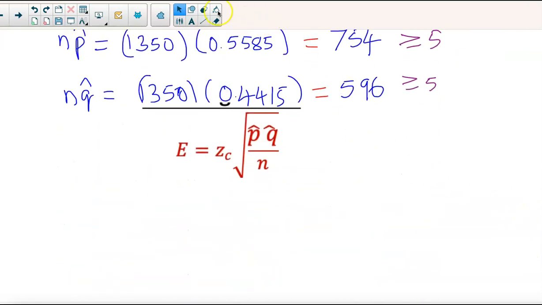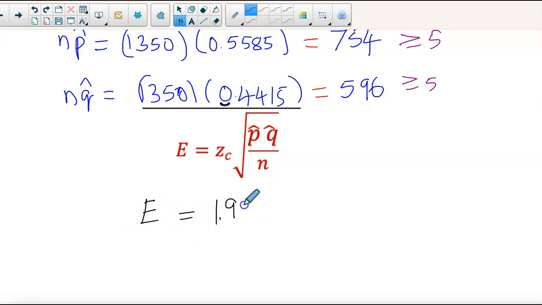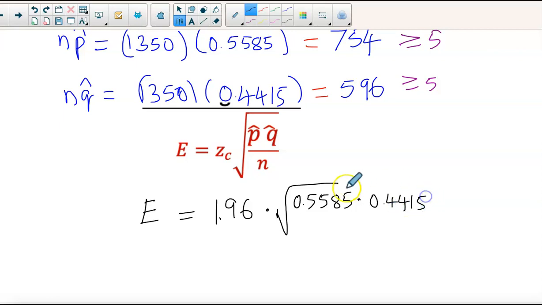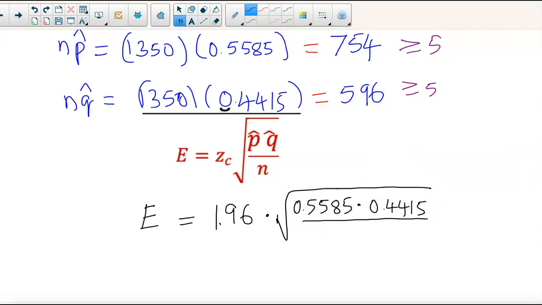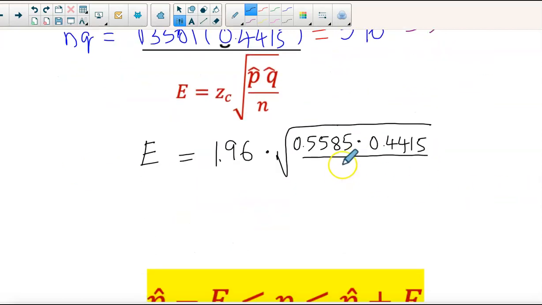Okay, so I'll write down E is equal to 1.96 times the square root of P hat, that is 0.5585, times 0.4415, divided by N, which is 1350.